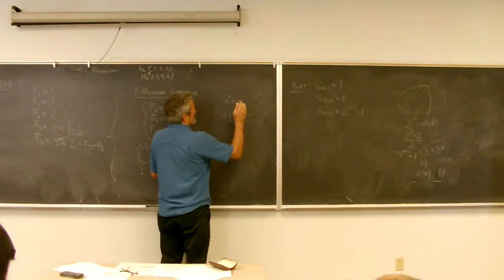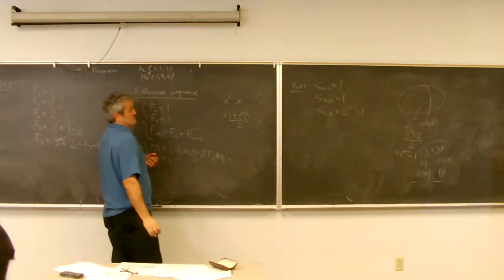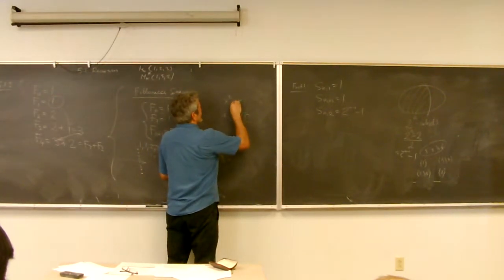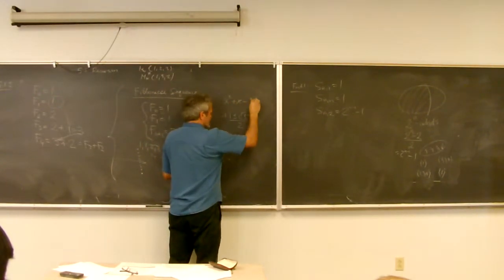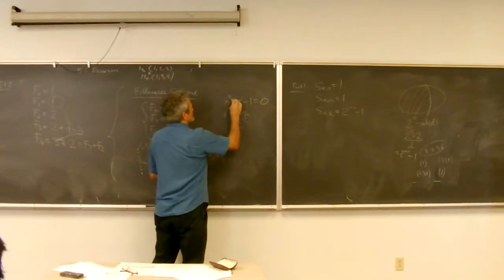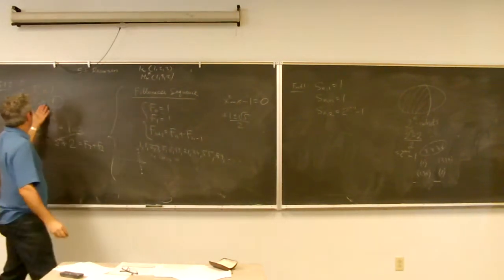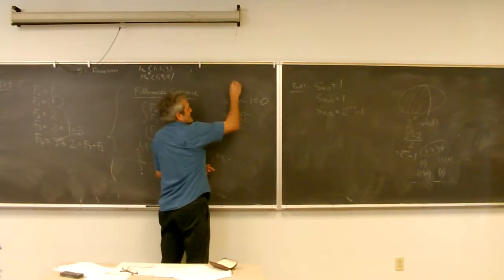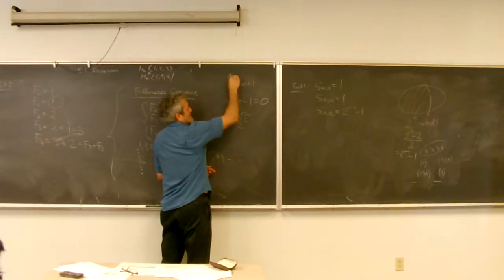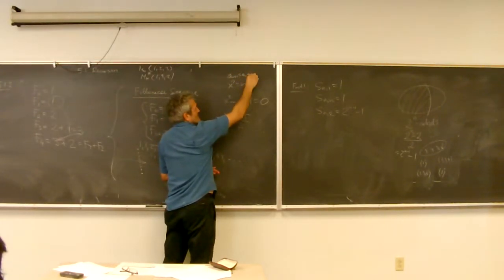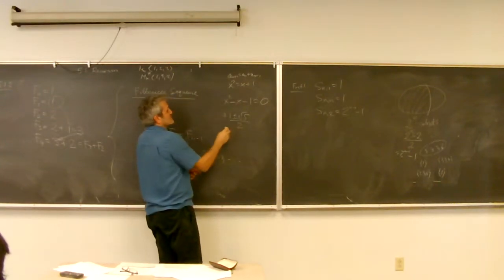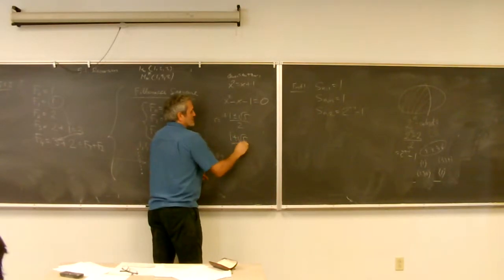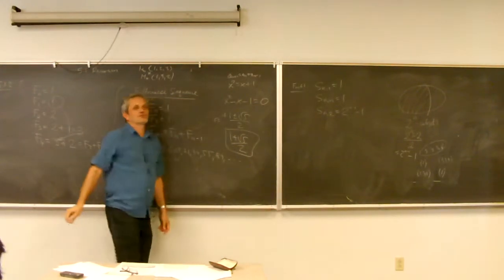Oh, x squared minus x minus 1 equals 0, of course. It's this one, yes. Because you see, we have x squared equals x plus 1, that's a(n+1) equals a(n) plus a(n-1). So when you get it like this, your solution is r equals 1 plus or minus square root of 5 over 2. If you take 1 plus square root of 5 over 2, that's the golden ratio.